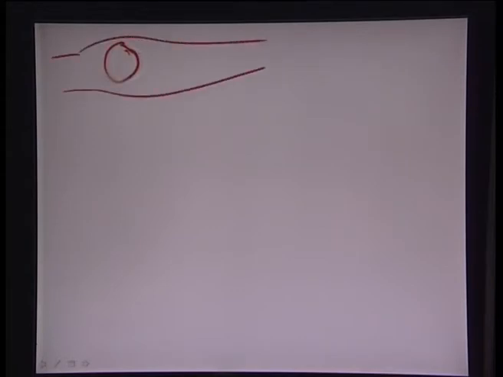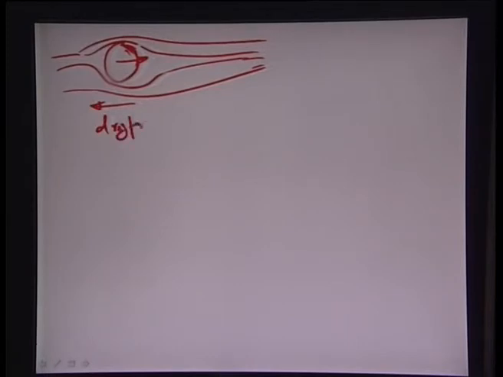So the first instance that comes to our mind is Stokes' law. So you have a particle which is moving inside a fluid, so there is always going to be a drag force. Okay, let's assume the particle moves in the direction from left to right, so the drag force would essentially be in the opposite direction, and this drag force can also be found out from Stokes' law.